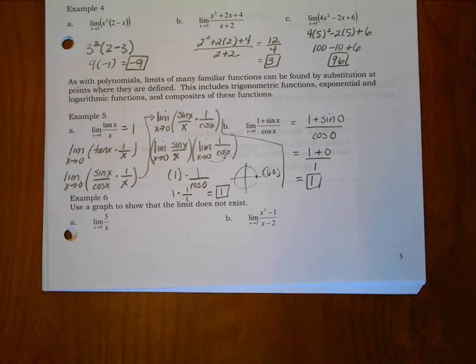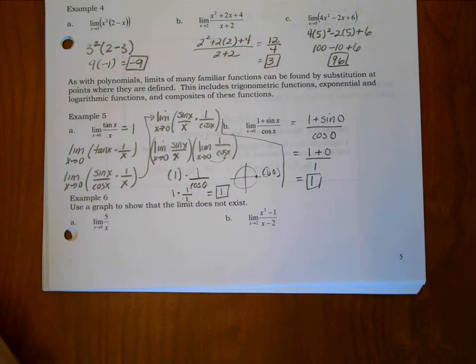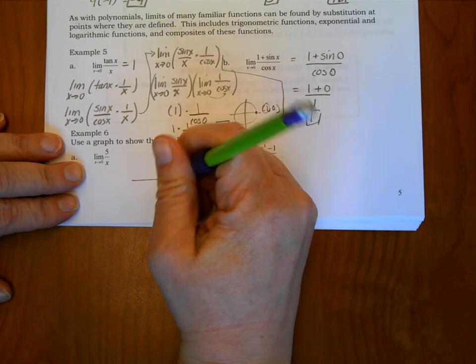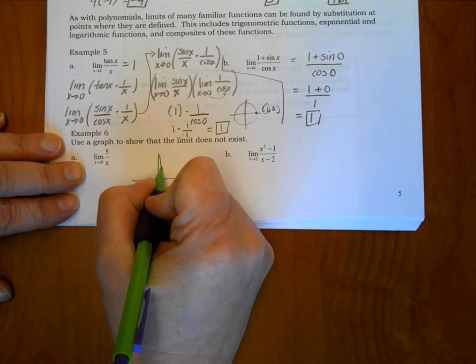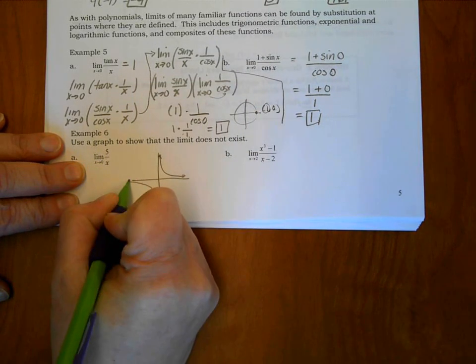All right, so now this next one is asking you to use a graph to show that the limit does not exist. So in part A, you might look at that and say, wait a second, if I put 0 in, that's not allowed, right? I'm not allowed to have 0 in the denominator. And you might remember back from chapter 3 from our parent functions that this is a hyperbola that's been vertically expanded. So it looks something like this. So think about it.